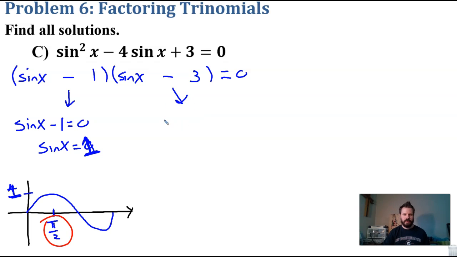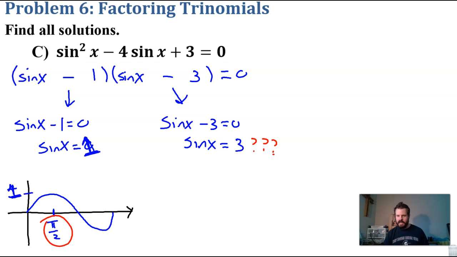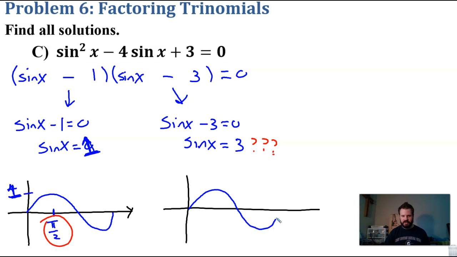Here's the one new part. Sine x minus 3 equals 0. So I want to solve, where does sine x equal 3? Hopefully after graphing this, that's kind of looking funny. Let's take a look at what we're looking at here. If I think graphically, I've got my sine function. I know it maxes out at 1. This equation is asking me, where does it hit 3?